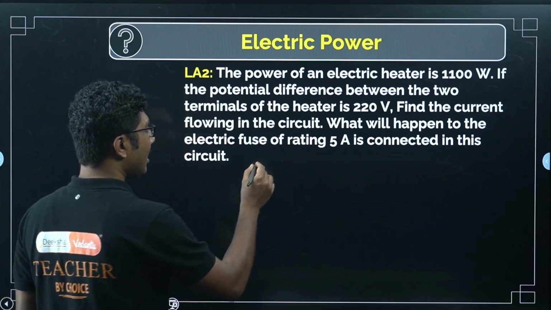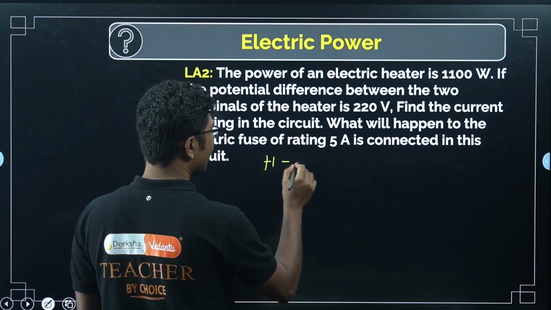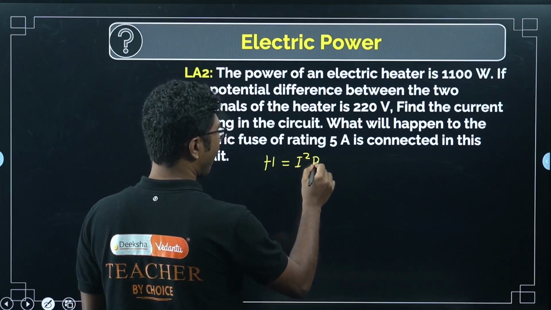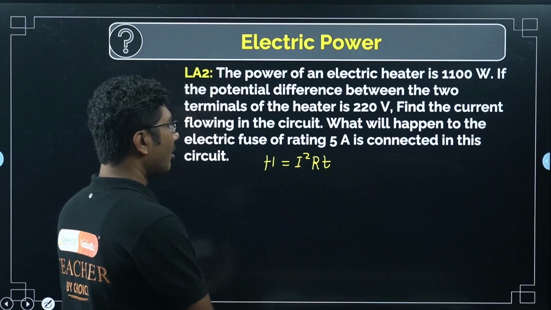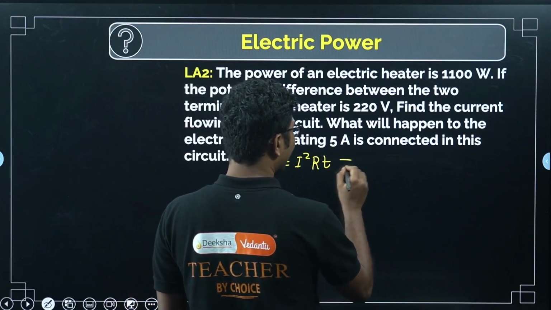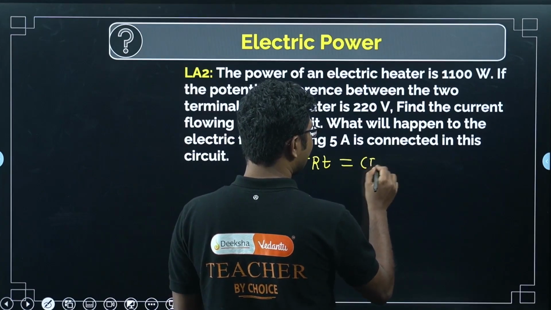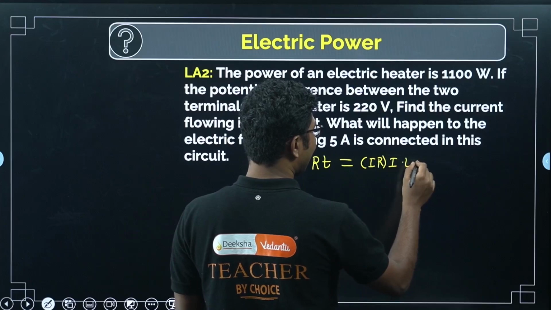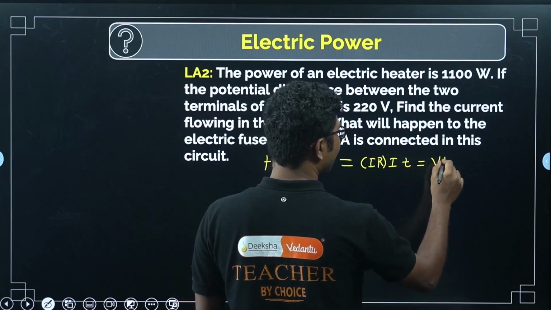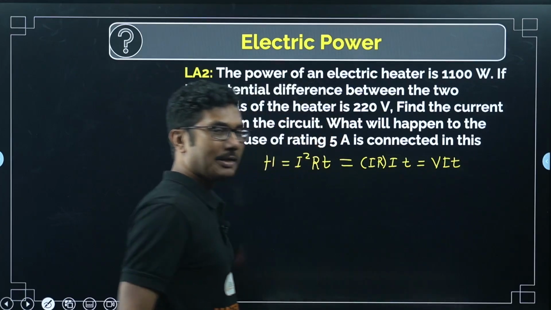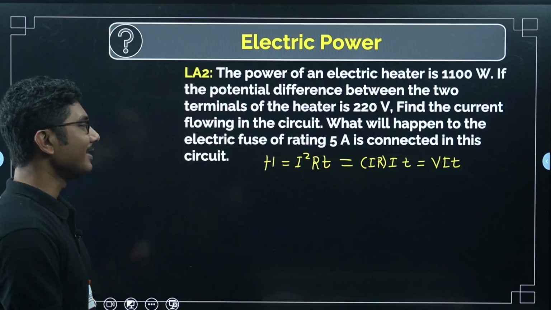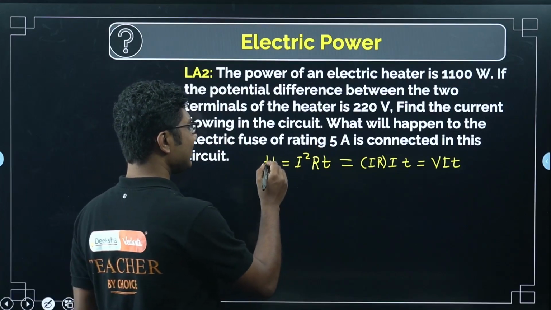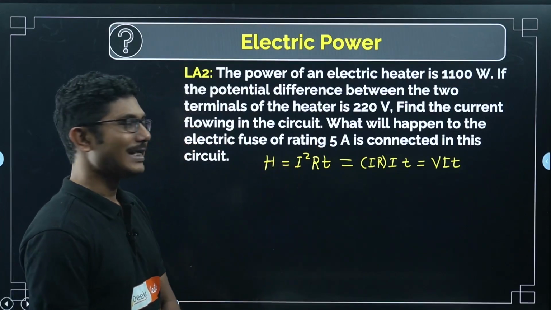Now we know that H is equal to I square RT, or in other words, we can write it as VIT, vitamin. Remember that the heat generated in an electric circuit is actually VIT.